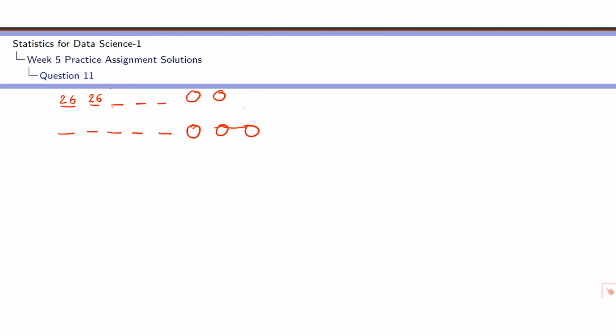Again we can repeat the alphabet, so for all the 5 alphabets he can use any of the 26 alphabets. So the number of ways to fill his alphabets will be 26 raised to power 5, and for the digits he has 10 choices, and for the second digit again he has 10 choices, so 10 into 10. So the number of ways to generate his username will be 26 raised to power 5 into 100 if he chooses only 2 digits.